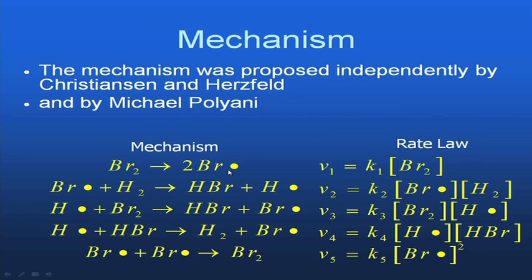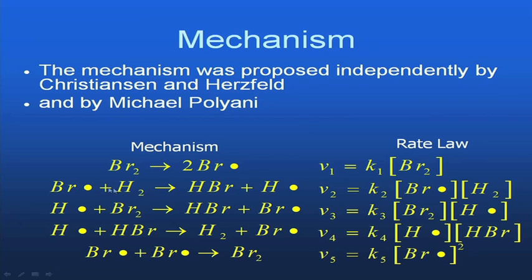It is the initiation step. If the rate constant is K1 for this process, then the rate of production of 2 Br dot is K1 times the concentration of Br2.